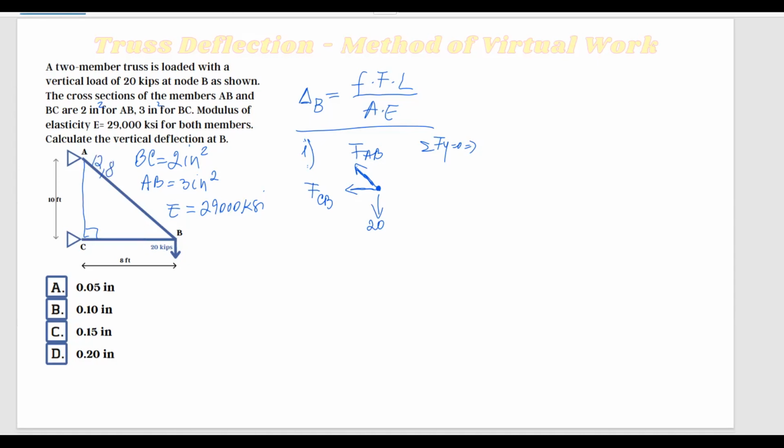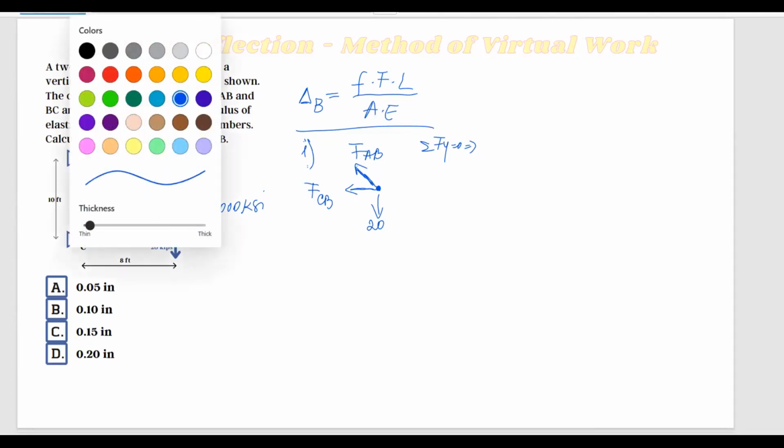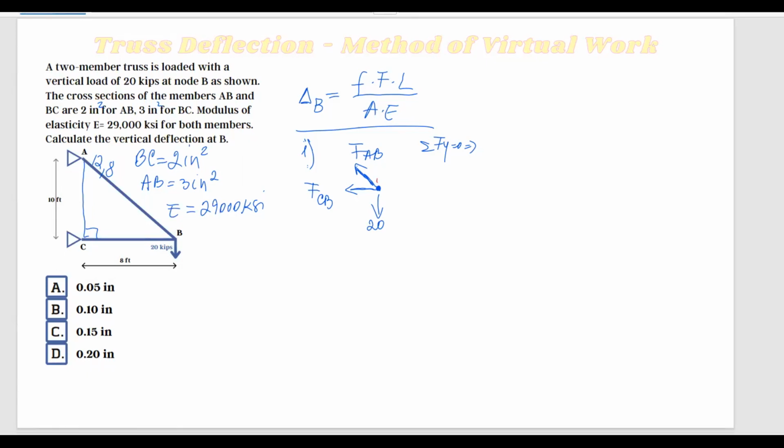Okay, so now coming back to our equation, the y component of force AB, maybe I should show it here. So I'll have FABY, and then going this way, FABX. So sum of forces in the y direction equals 0. We'll have FABY minus 20 equals 0.